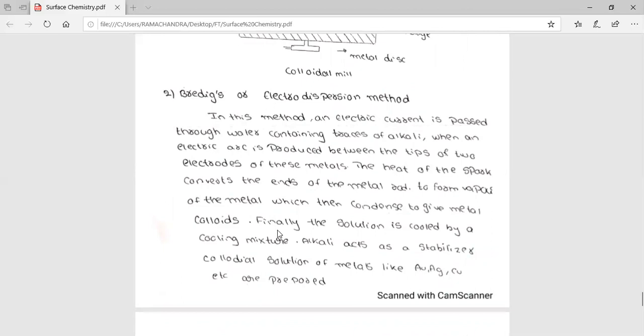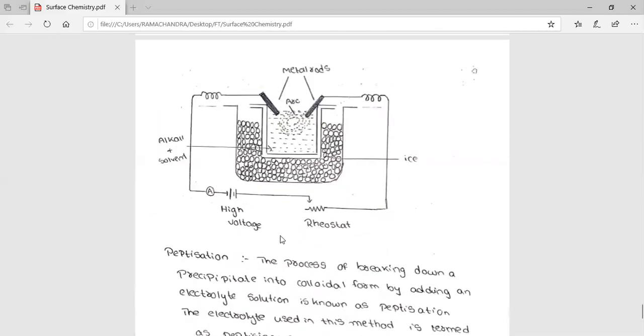Finally the solution is cooled by a cooling mixture, and the alkali acts as a stabilizer. Colloidal solutions of metals like gold, silver, platinum and copper are prepared. Let's see the diagram.